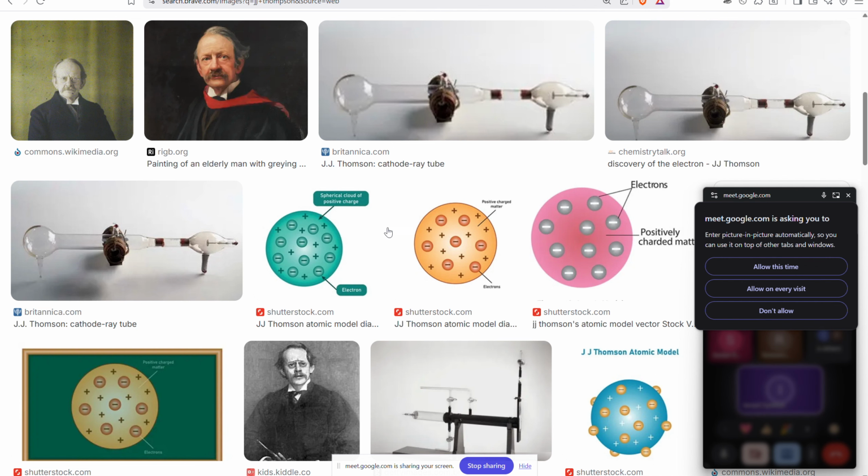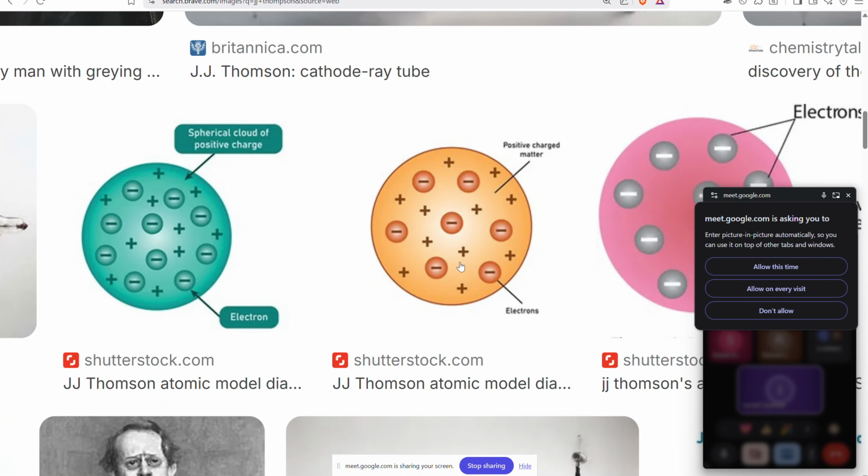So he said that, as you can see here, if you want to describe this image, this is a sphere, and within this sphere you have positively charged particles and negatively charged particles.